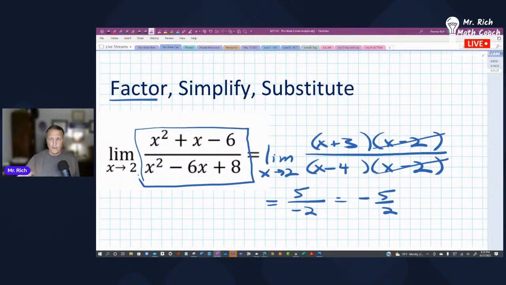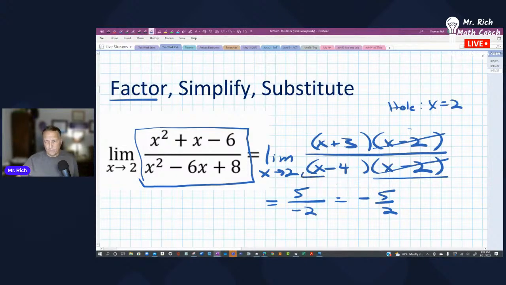And so when you factor, you realize that when you get a 0 in your denominator that gets canceled by an equivalent factor up in the numerator, that's the location of a hole. So I know right off the bat, as soon as these x minus 2's cancel, the characteristic that I have on the graph is a hole at x equals 2. I have a removable discontinuity, or a hole, at x equals 2.